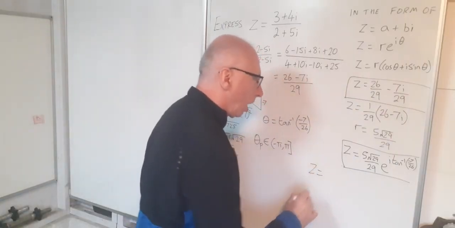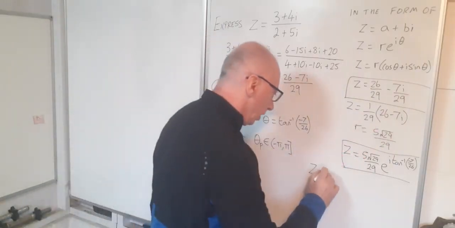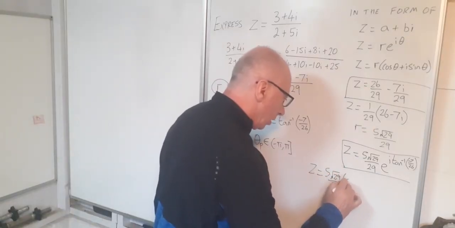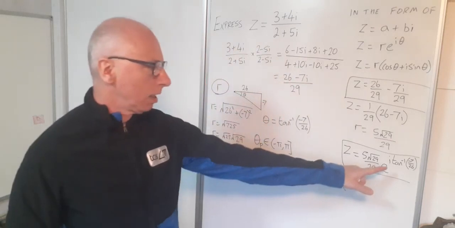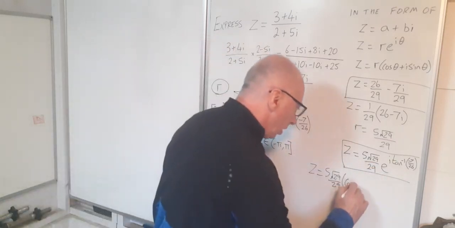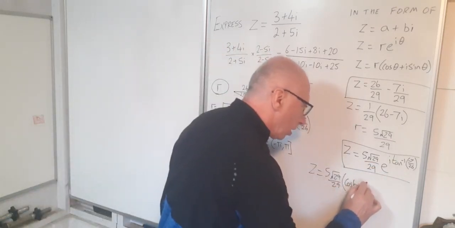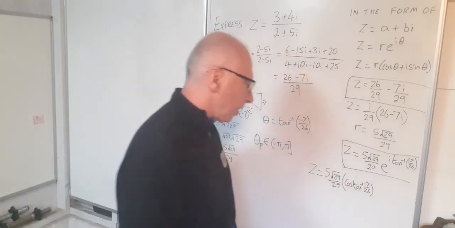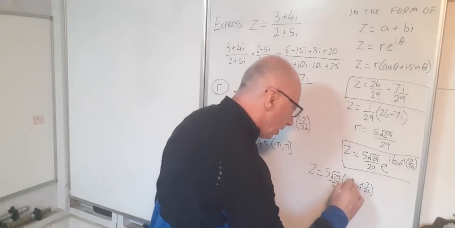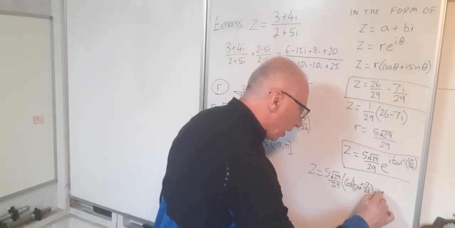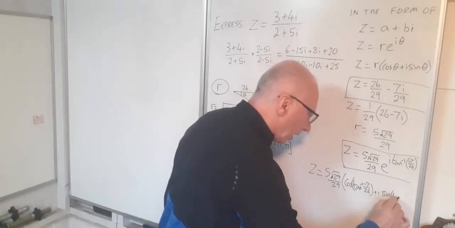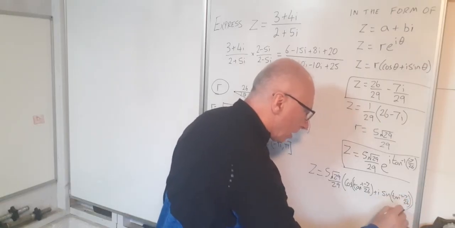So z equals r, which is 5 root 29 over 29, and then cosine of theta, which is inverse tangent of minus 7 over 26. Let's just put that in a bracket. And then plus i sine inverse tangent, let's do it in a bracket again, of minus 7 over 26.